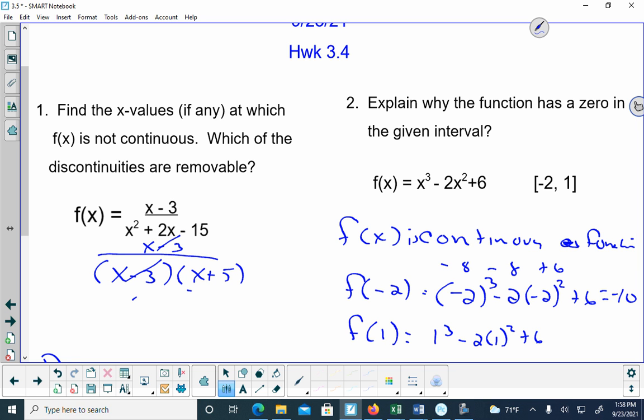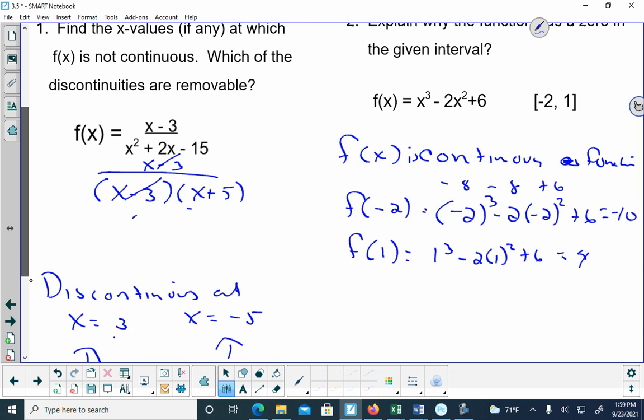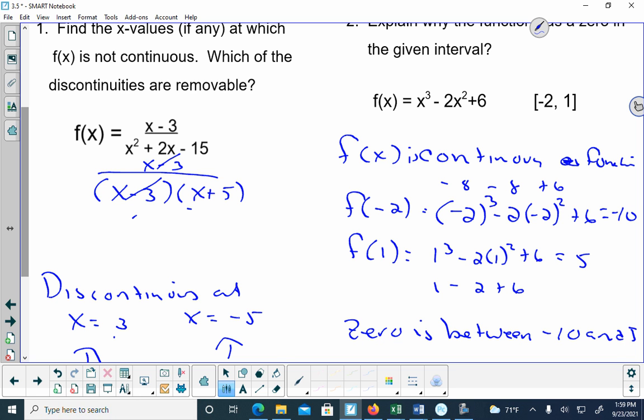So that's 1 minus 2 plus 6, that's 5. Either way, it's 5. So since you go from a negative to a positive, I'm going to say 0 is between negative 10 and 5. We didn't get negative 10, but we still said it's in between.